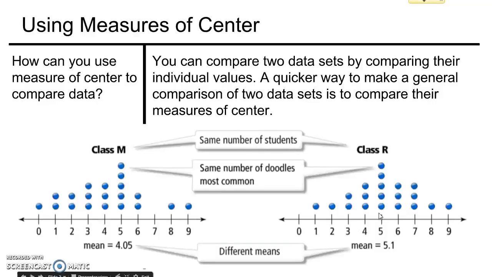But if we calculated the mean, we would add up all the numbers divided by 20, because that's the number of people in the classes. So 0 plus 1 plus 1 plus 2 plus 2 and so on, divided by 20. We would get 4.05, whereas with class R, adding them all up and dividing by 20, we would get a mean of 5.1. So which class had more doodles? We would say class R, because the mean is just a little bit bigger.